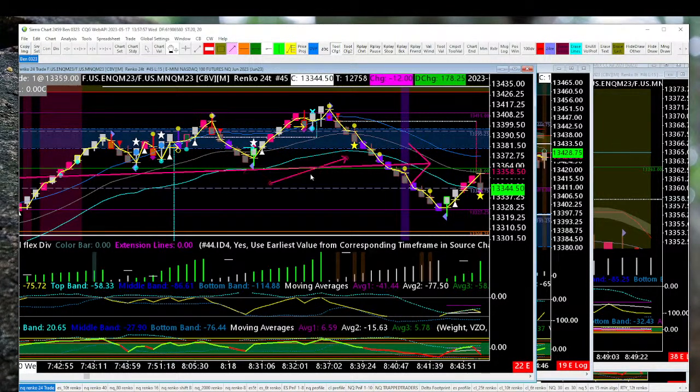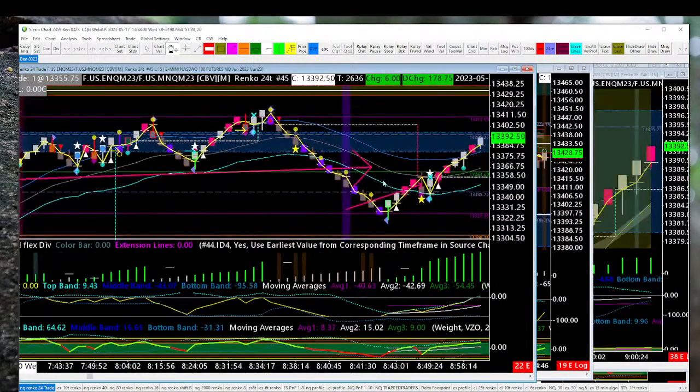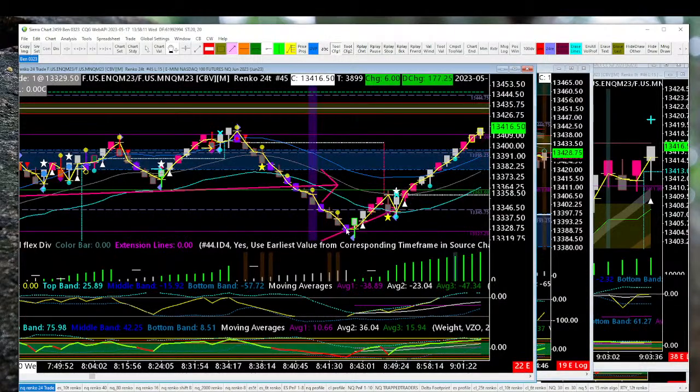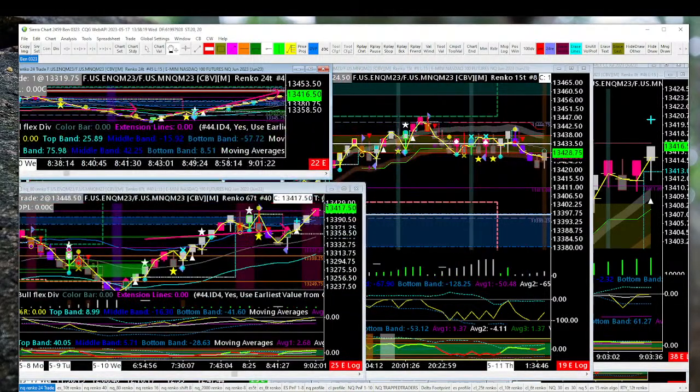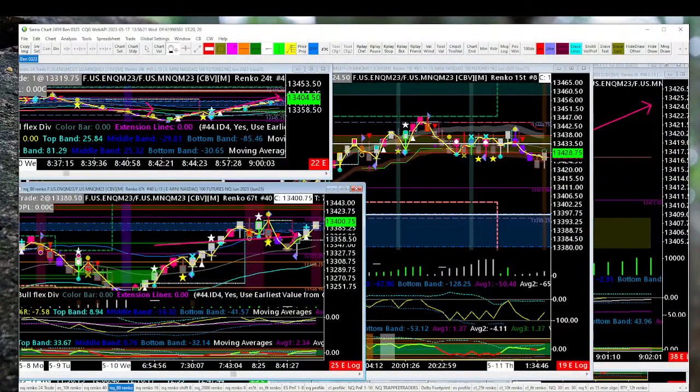A really easy way to do that would be to trap an aggressive seller, which happens right there. And you can see you get the X and the star up, you get the blue dot, and it lifts. And then you get the triangle on the pink bar.